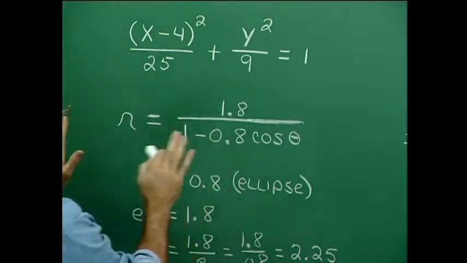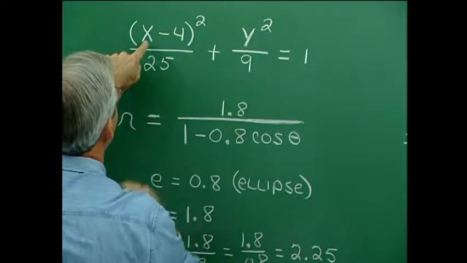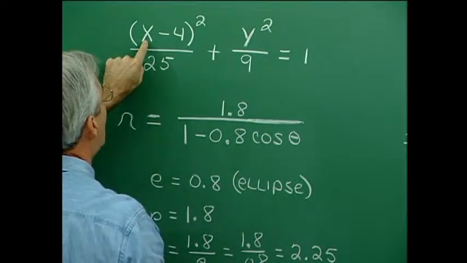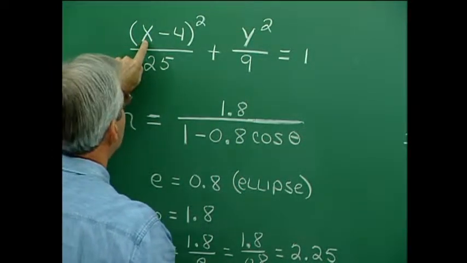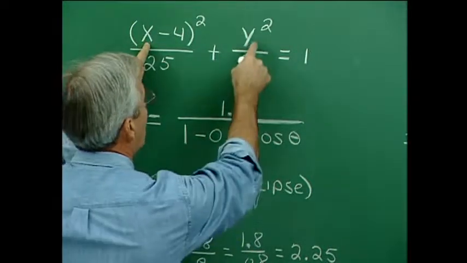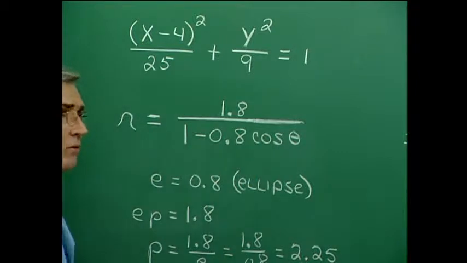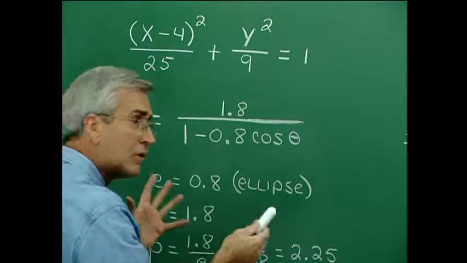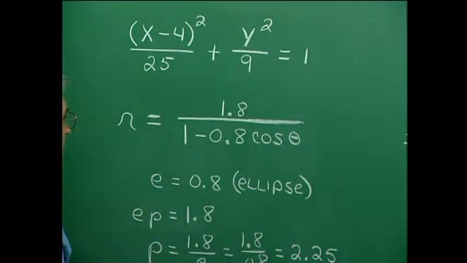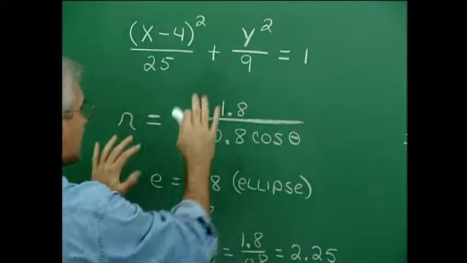And I don't suggest that you go up here and replace x with r cosine theta and y with r sine theta and try to get this equation out of it. After about the 10th step, you're going to probably give up. So we don't want to try to make that kind of correlation.